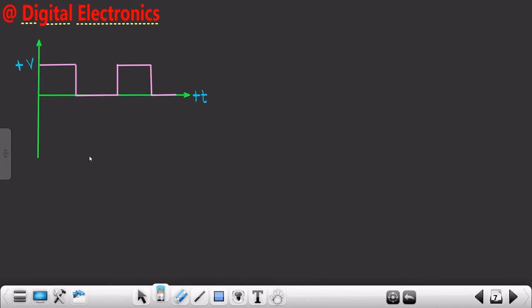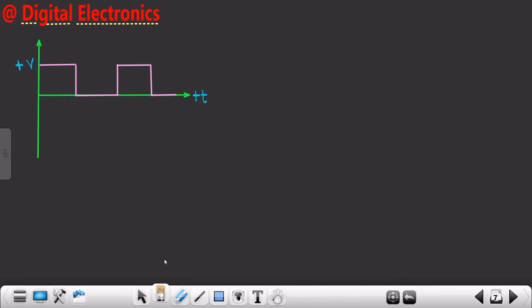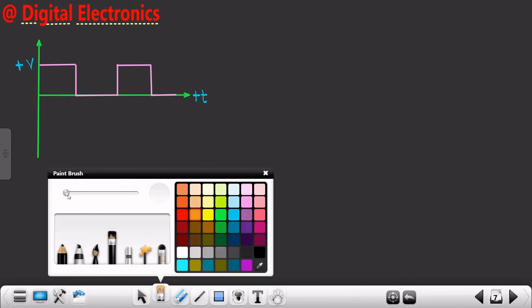This is how the waveform looks in the case of digital electronics. Let me decrease the thickness of the pen. Now you can clearly see that digital electronics is not continuous in nature.